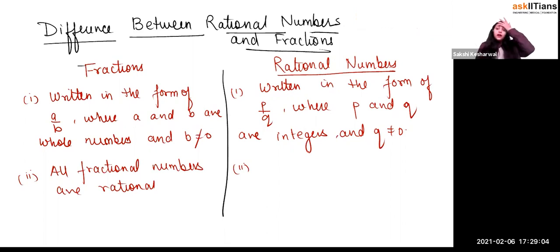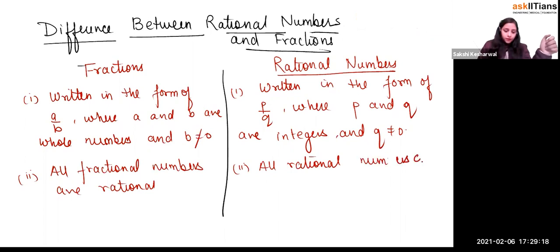Because minus 2 by 3 is not a fraction, but minus 2 by 3 is a rational number, right? So we can say that all rational numbers are not fractions.